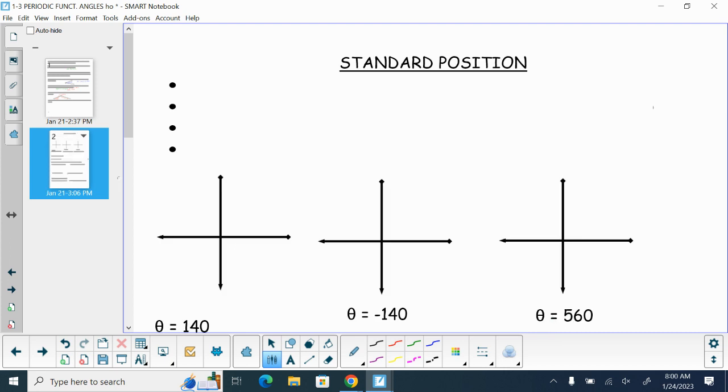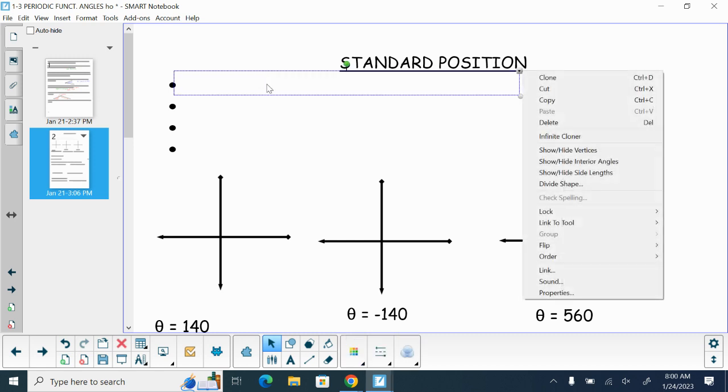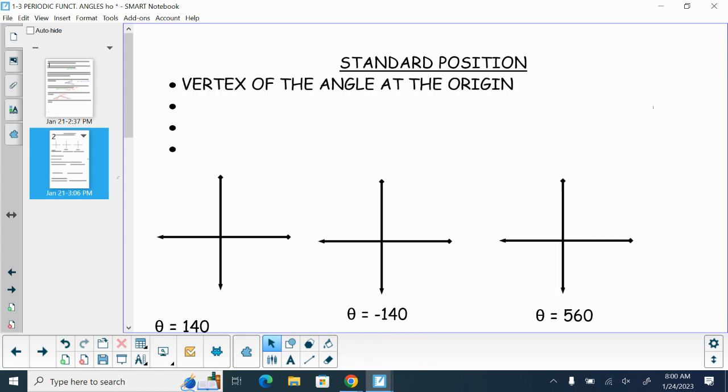We can put an angle in a standard position. The vertex of the angle is at the origin, or the end point of the ray. You want to think of it that way. The end point of the ray or the vertex of the angle is at the origin.